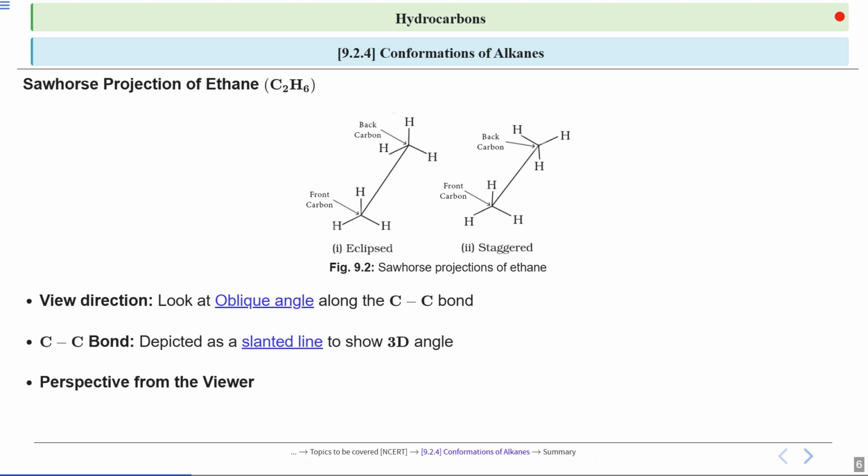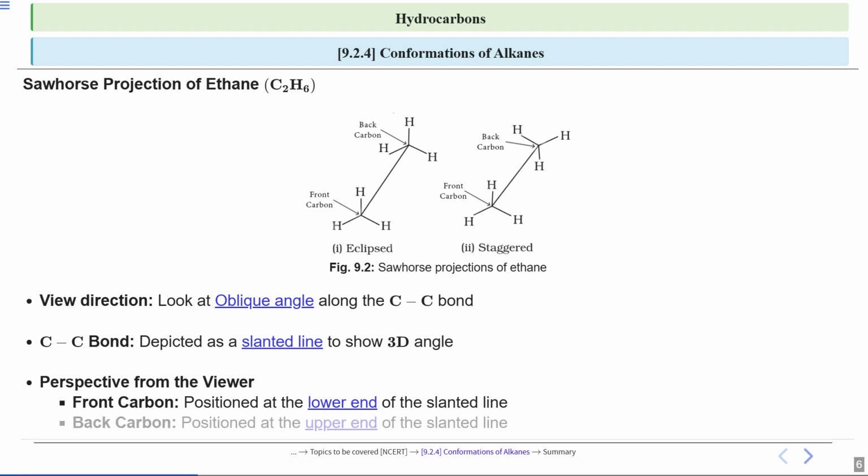Now what can be said here? First of all, we have a front carbon. In the slanted line, the lower end is given to the front carbon. So here you can see that this is the front carbon that we have. This positioning helps us differentiate between the two carbons and understand their roles in the molecule's structure and reactions.